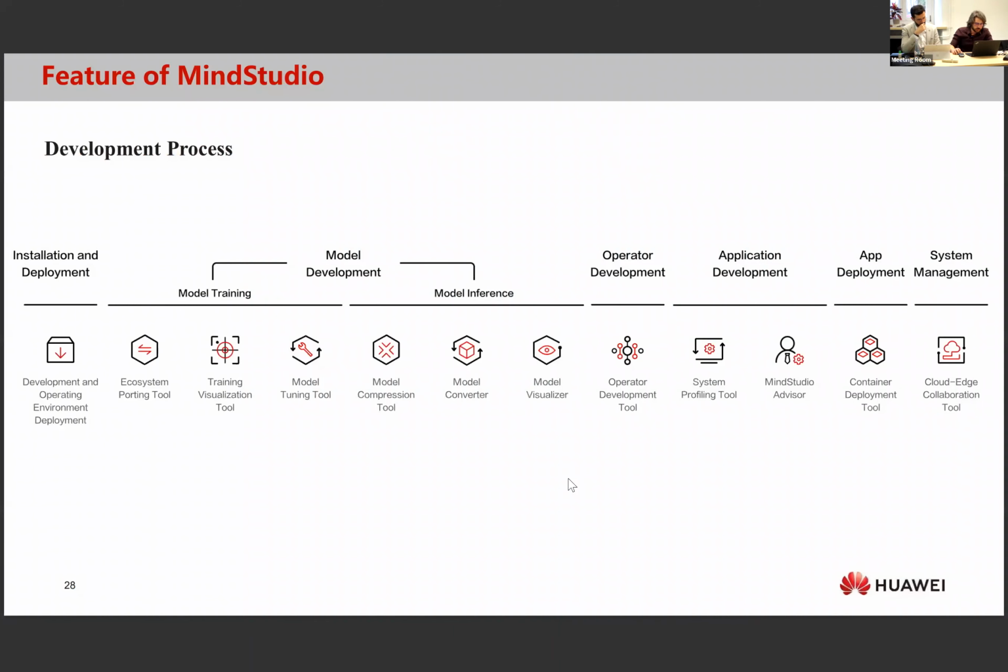Okay, let's look at the MindStudio development process deeply. As you can see on this page, MindStudio enables end-to-end development without doing extra things outside it. You can manage projects and SSH connections.